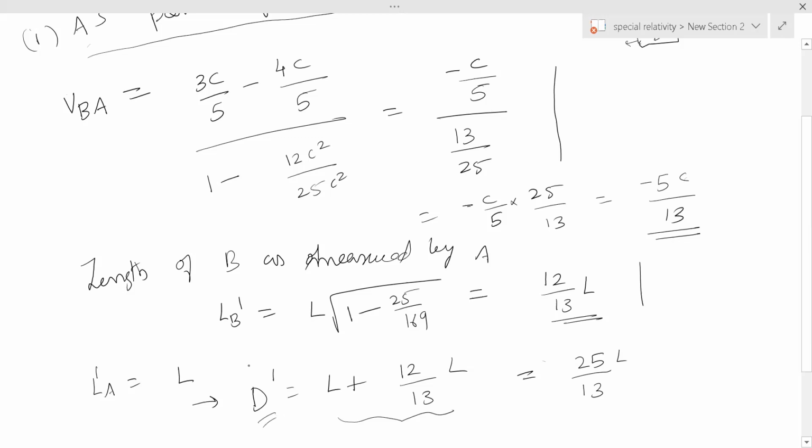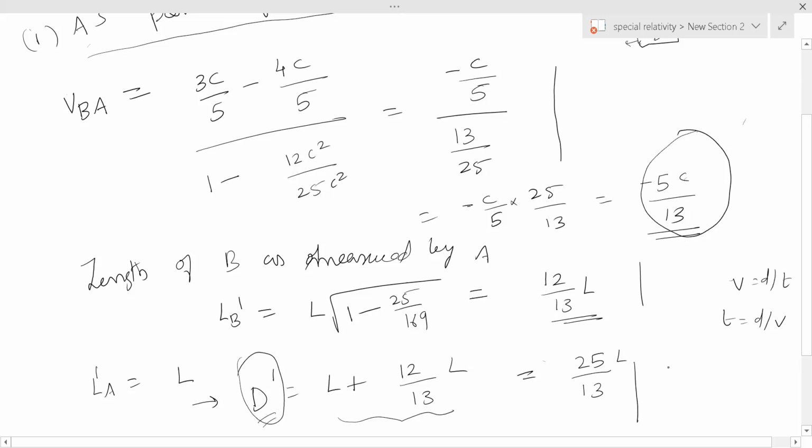All right, so we have got the distance traveled, we have got the speed, so we just need to find the time taken. We know that velocity is distance by time, and time is distance by velocity. So the distance we have here is 25 by 13 L, divided by the velocity 5c by 13, so multiplied by 13 by 5c.